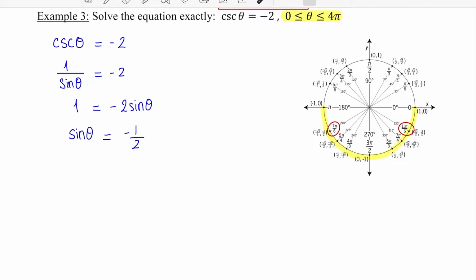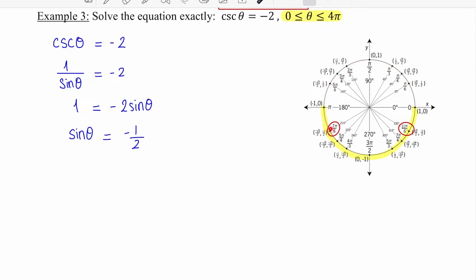In the cycle from 0 to 2 pi, if theta is 7 pi over 6 or 11 pi over 6, that will satisfy this equation. However, they want to have the answer from 0 to 4 pi. That means you repeat the cycle twice.